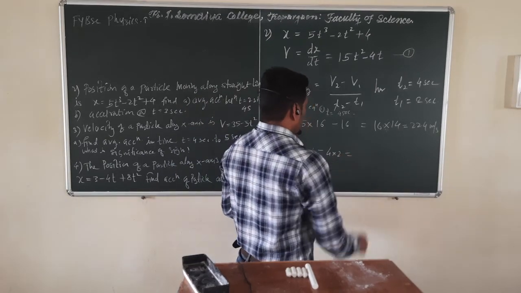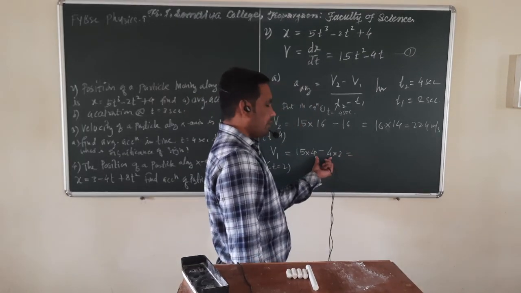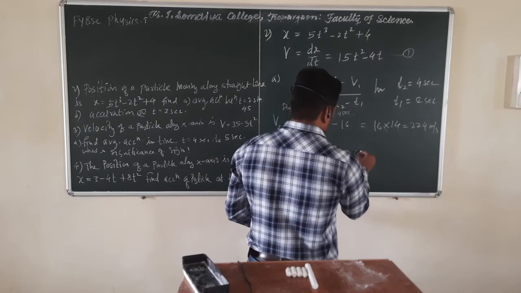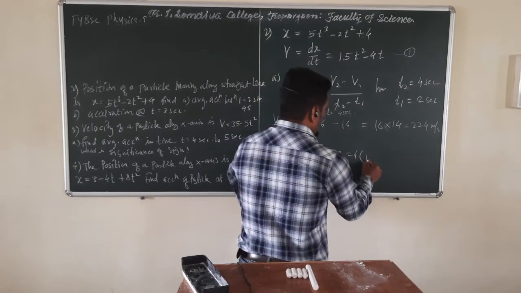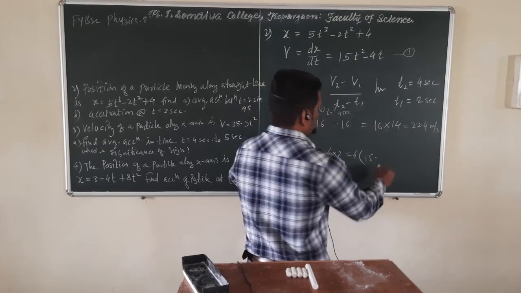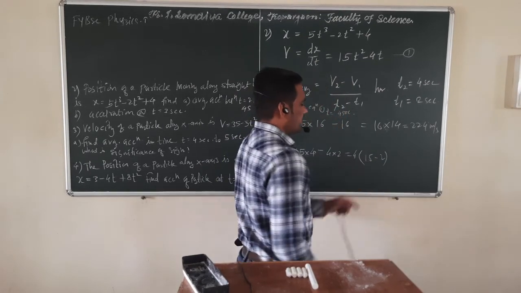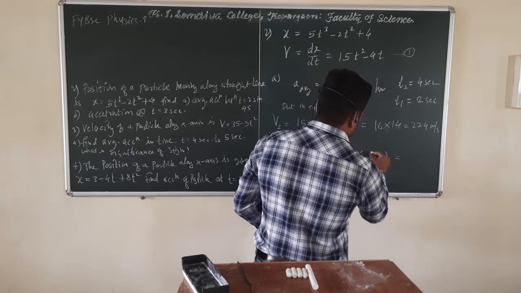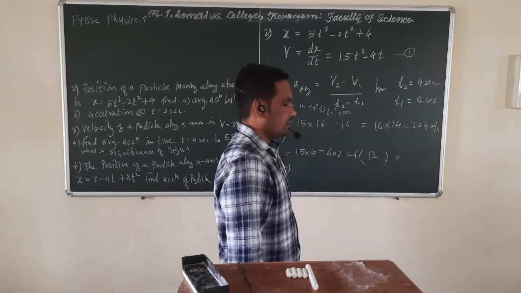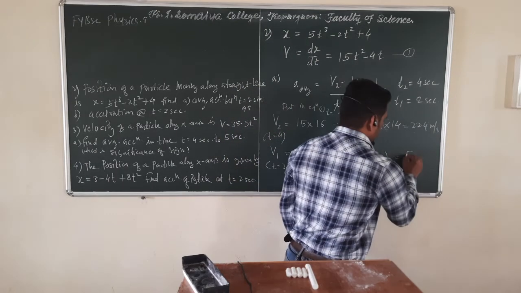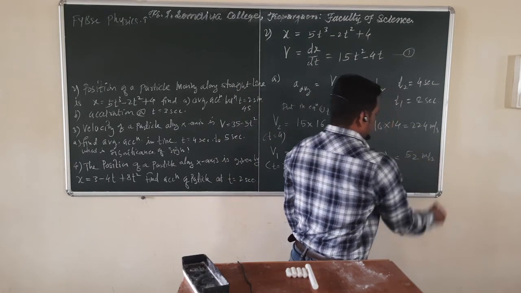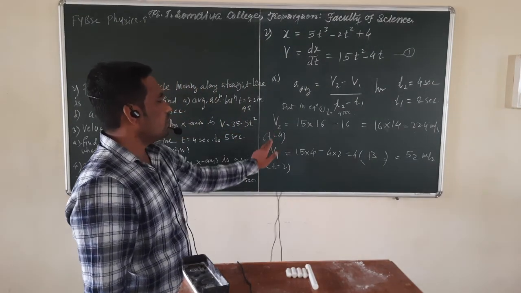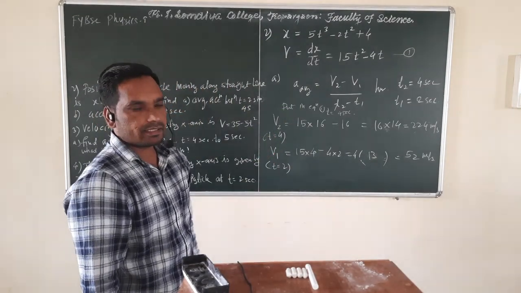Okay, so again if you take 4 common from this part and this part, here we get 15 minus 2. Okay, 15 minus 2 is 13, which is 52 meter per second. Okay, now put v2 and v1 in the average acceleration.